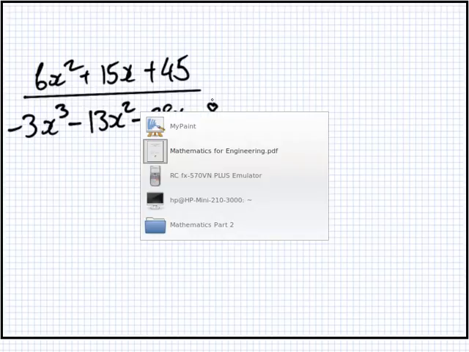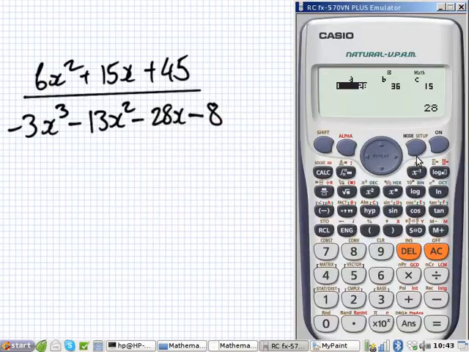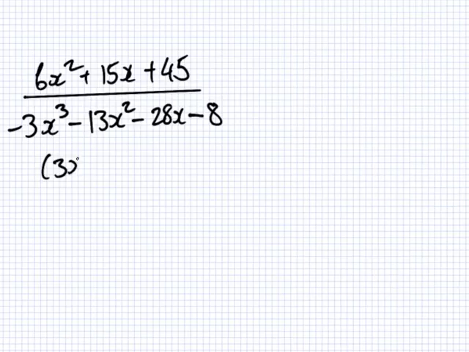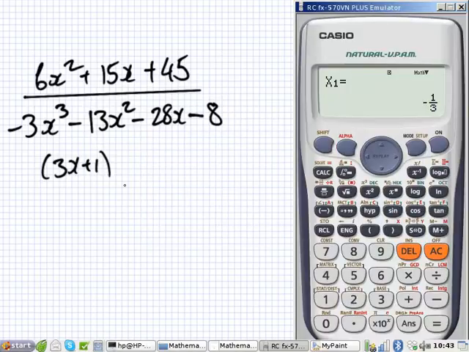Like this, mode 54. Minus 3, minus 13, minus 28, minus 8. 3x plus 1.